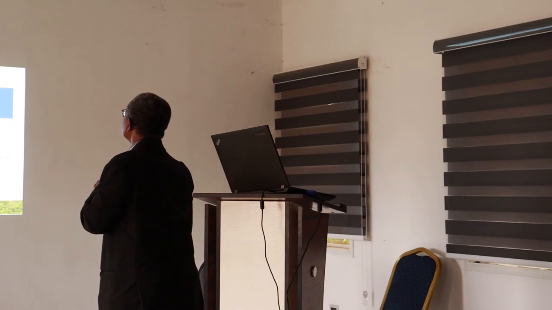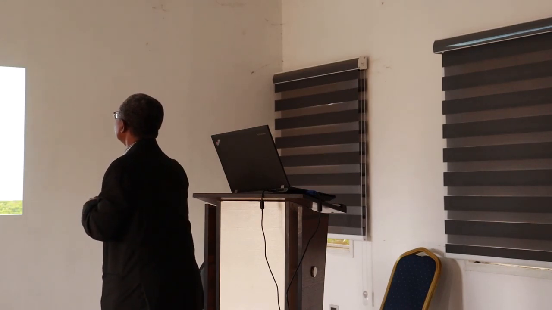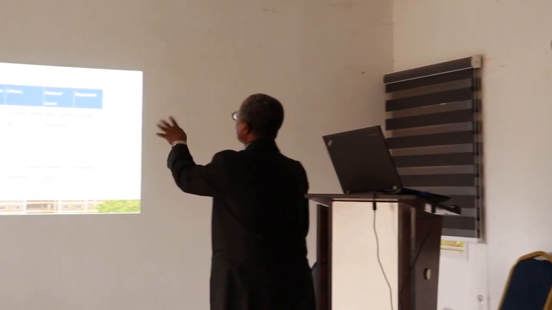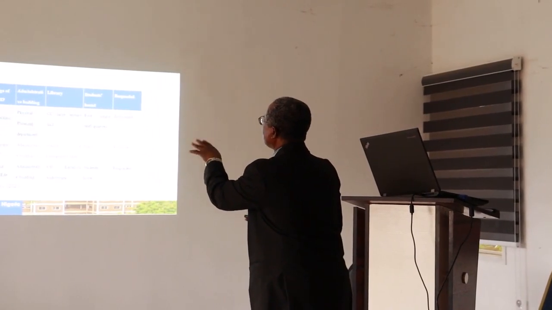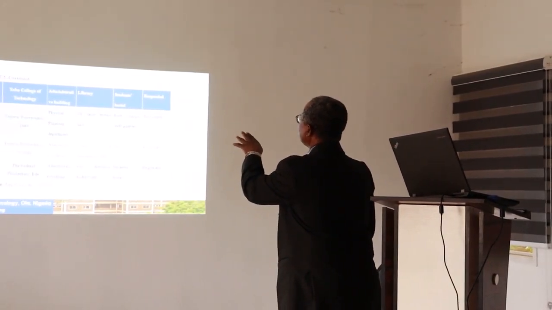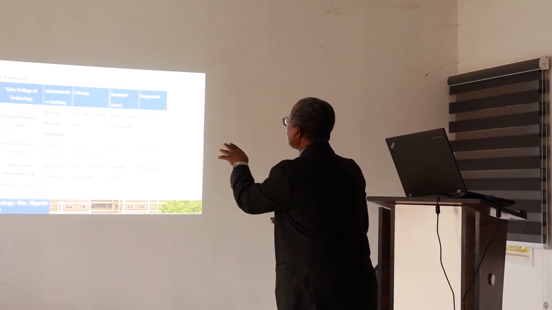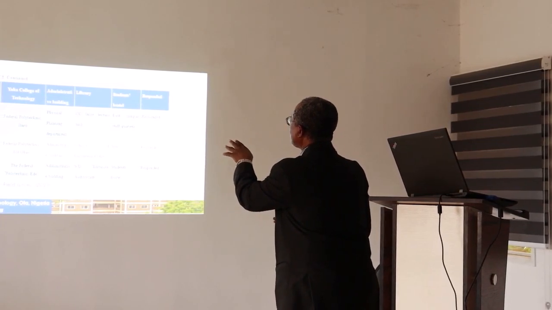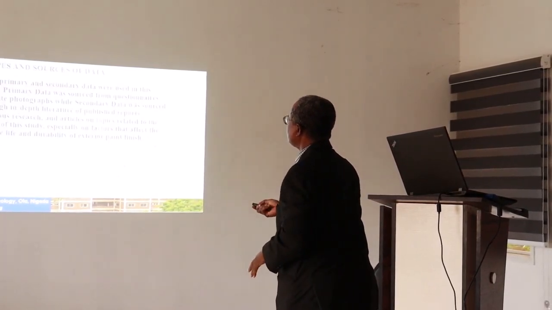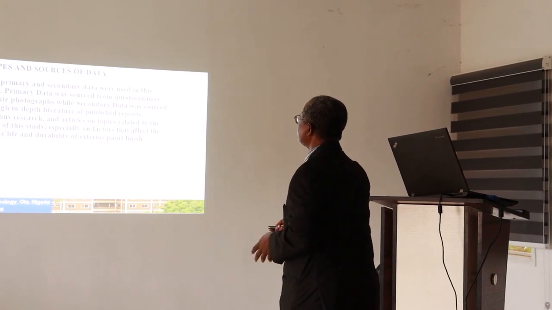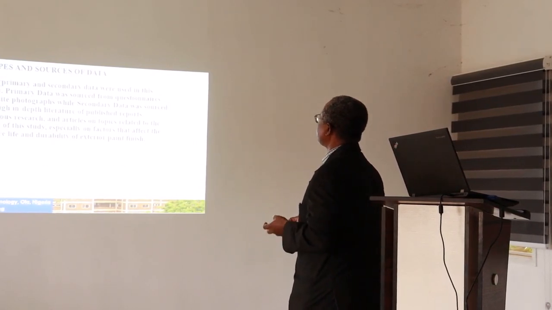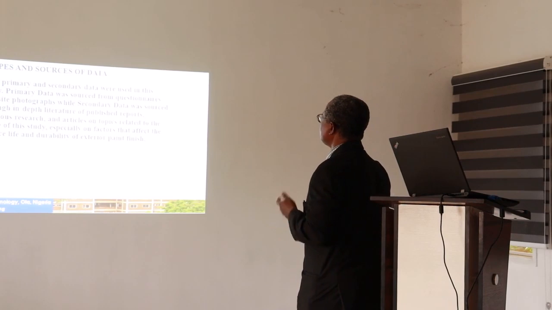These are the institutions, like Yaba College of Technology, the Polytechnic, administrative building, library, student hostel, then the Federal Polytechnic, and so on. Then the type of data: we used both primary and secondary data in this study.